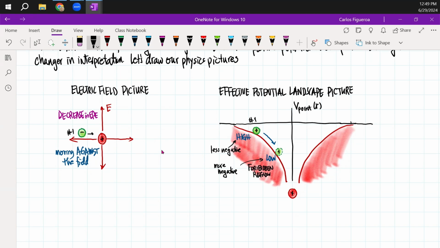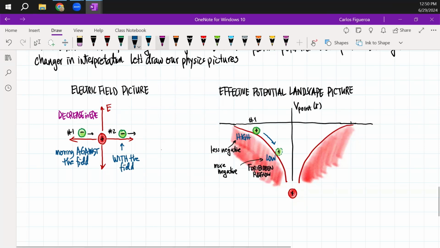Now, if I go the opposite direction, then I have a charge that is going to be looking like this here. So now what we're seeing is that this is moving with the field.